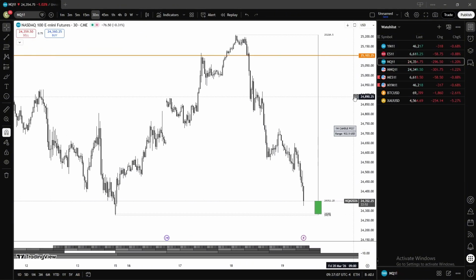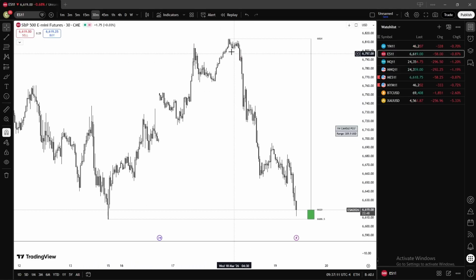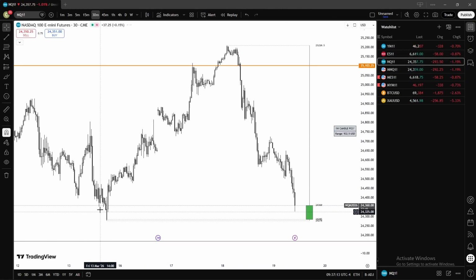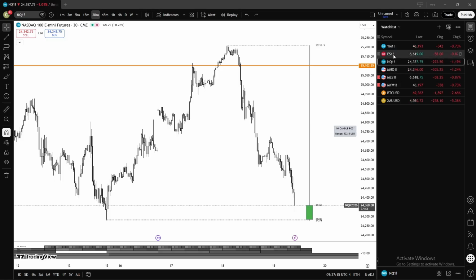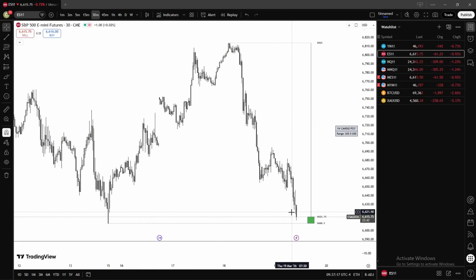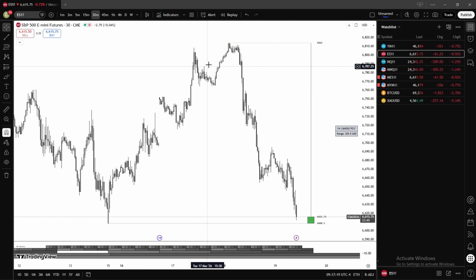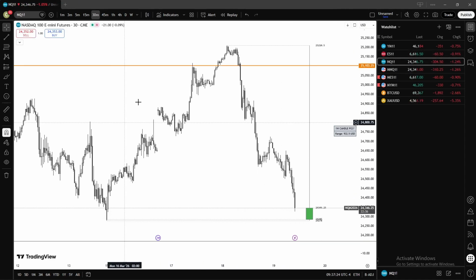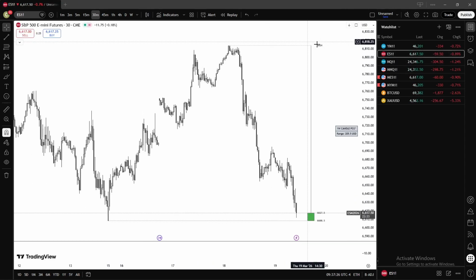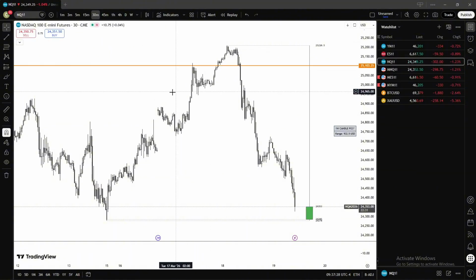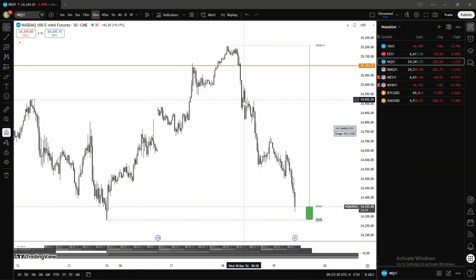And when I switch to ES, you can see that the chart is actually quite similar. This is what we mean by correlated. Although they move similarly, it's not completely 100% the exact same. There are some deviations here and there. And that's what typically we use to find better entries, in a way.